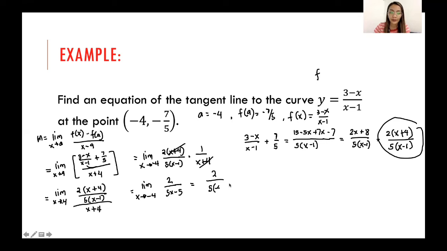So we will get 2 over 5 times negative 4 is negative 20, negative 20 minus 5 is negative 25. Okay. So now, let's find the equation. So our m is equal to negative 2 over 25.